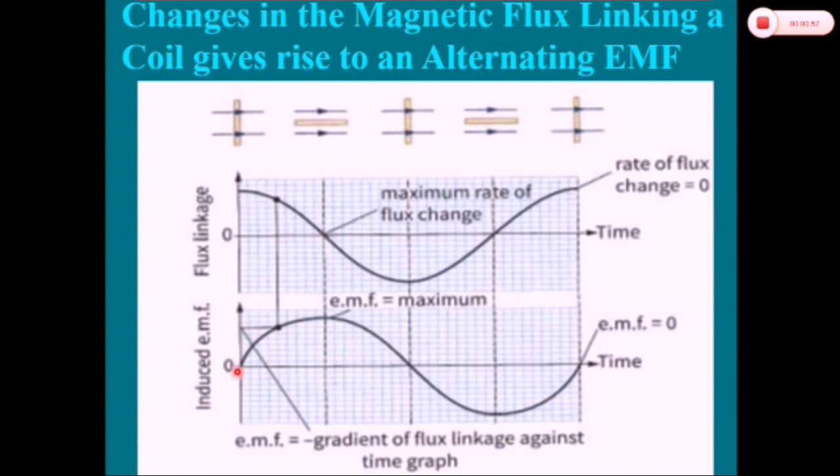Now in the second case, when the coil is in the horizontal position, when the flux linking the coil is zero, what will happen? The rate of change of flux will be maximum, and hence the induced EMF is also maximum. So in one complete cycle, you can see varying EMF. Okay.